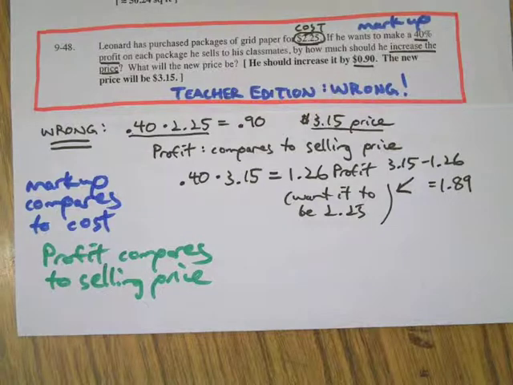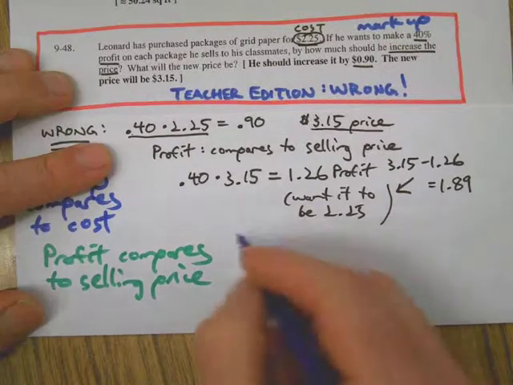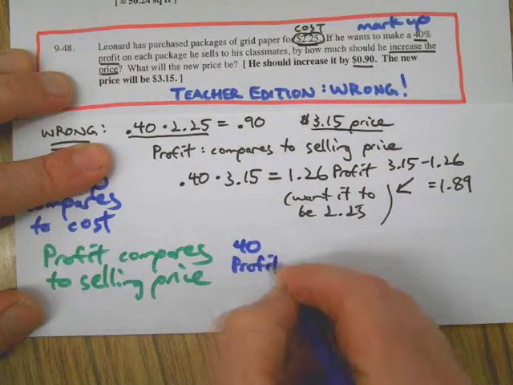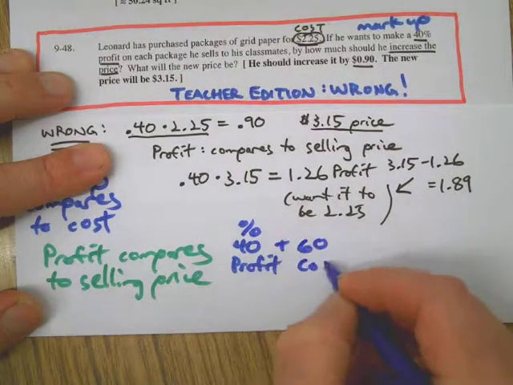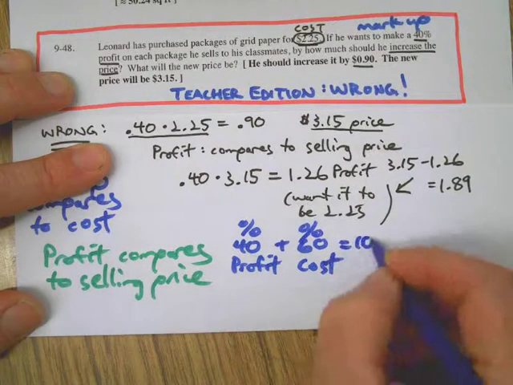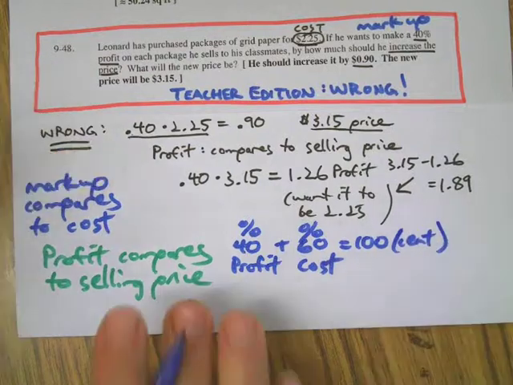Yeah, so here's how we need to do this problem. If there's going to be a 40% profit, that means the cost is 60%, right? These numbers need to add up to 100, okay, because 100 means cent.